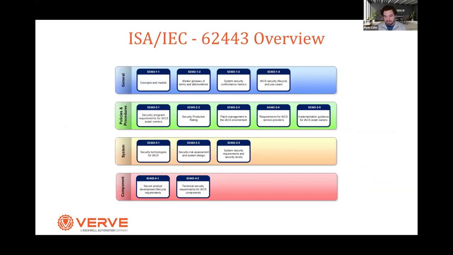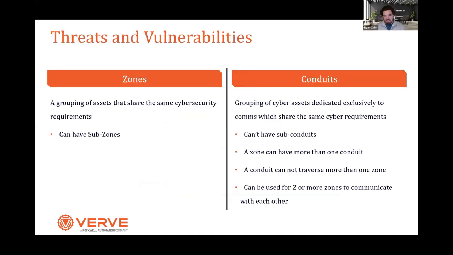I'll probably have you just skip by this one, Zach, for reference of time, but some of you are probably familiar with IEC. But again, I mentioned zones and conduits, so being able to group assets by zone, things that need similar cybersecurity requirements, and then the conduits are really the communications between zones.